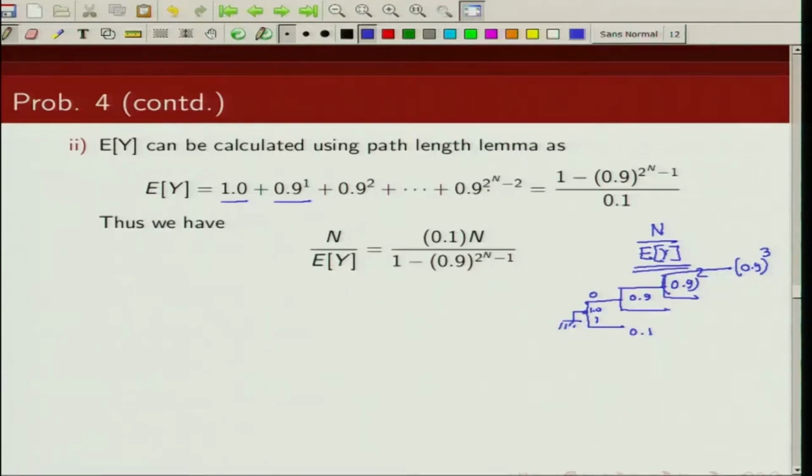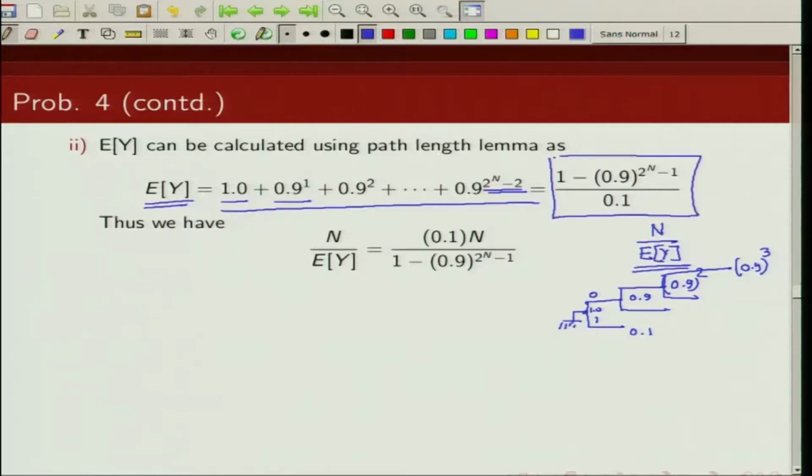So, this you will do until the n extensions of this leaf containing this 0. So, the expected code word length in case of this run length coding can be written like this, and this is equal to this. Then this ratio of n divided by expected value of y comes out to be this.